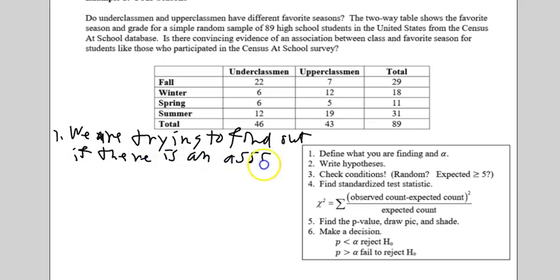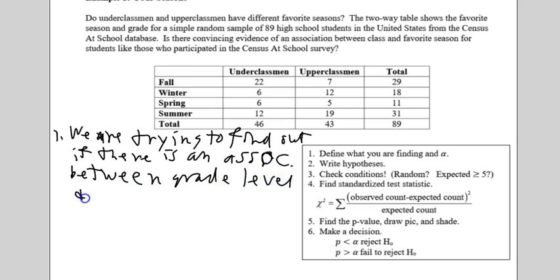We were trying to find out if there's an association, and you start that every time. I'm going to abbreviate association. Between class level, or grade level, and favorite season. That's how you state it.